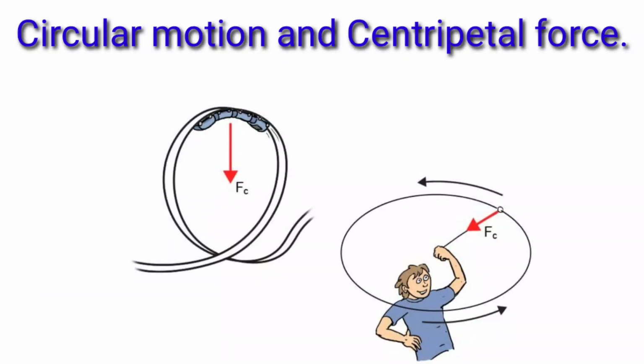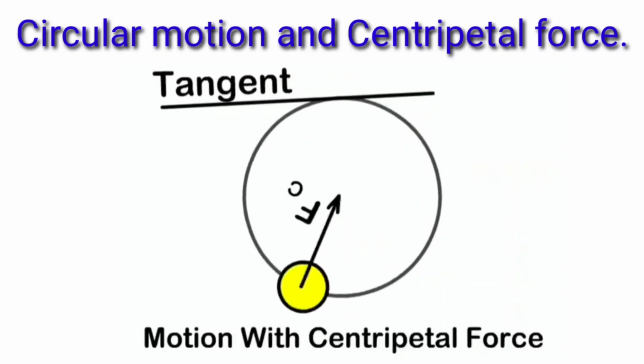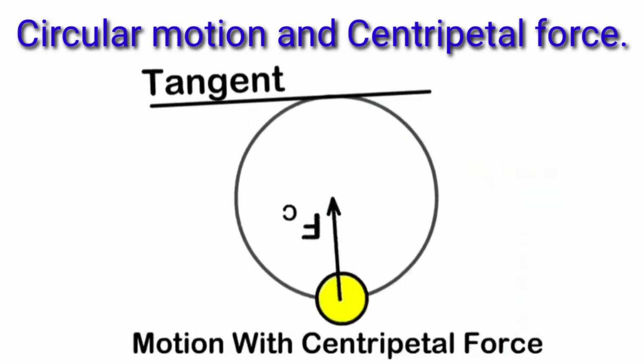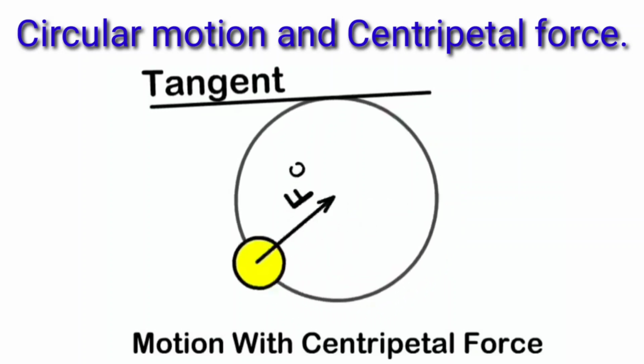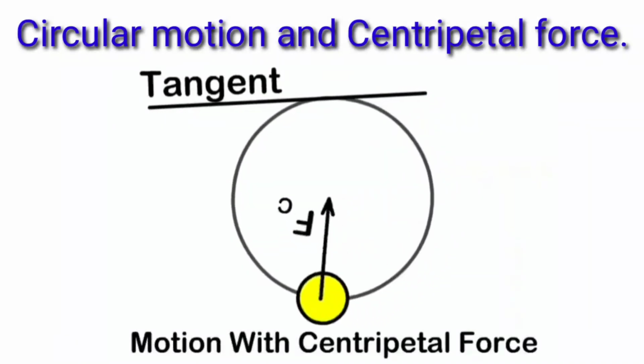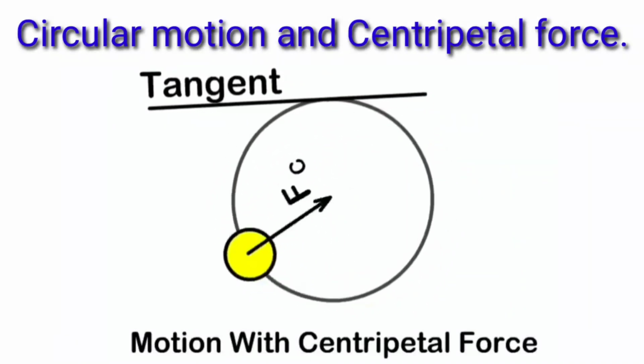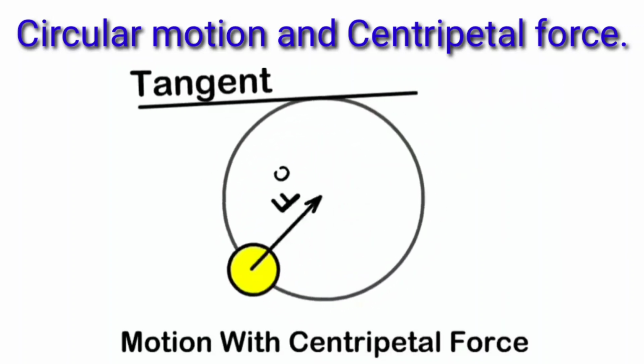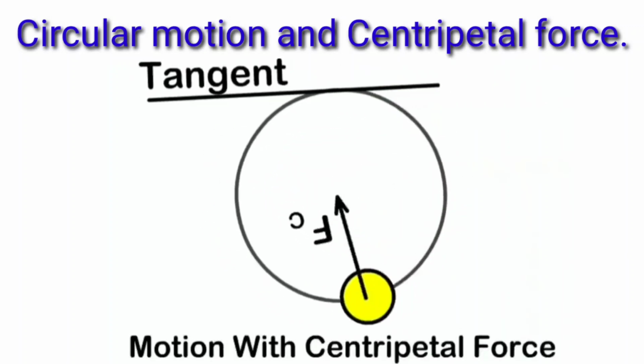As long as we are holding the string, we are pulling the stone towards us, that is, towards the center of the circle, and are applying a force towards it. The force stops acting if we release the string.